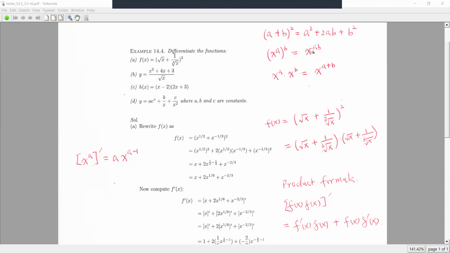By this formula, this is x to -1/3 times 2. It is x to -2/3. 1/2 minus 1/3 is 1/6. So the original function now is simplified to this function. In this function, each term is a power.